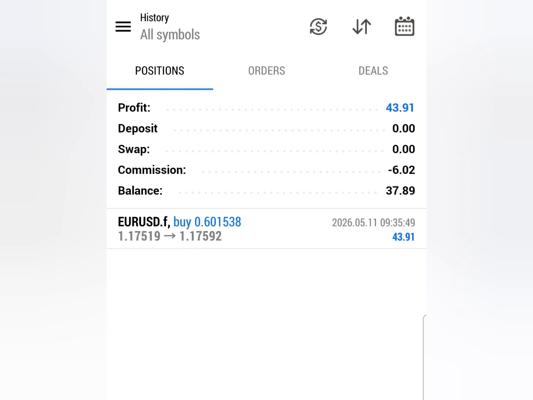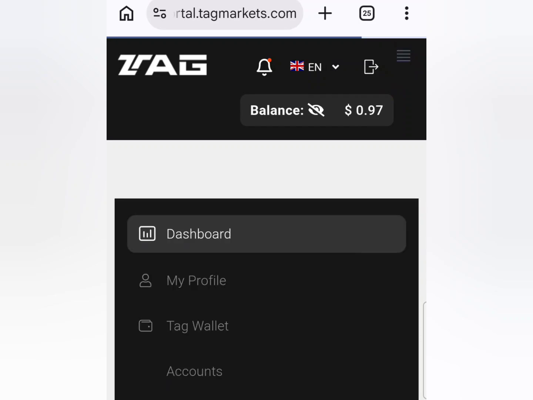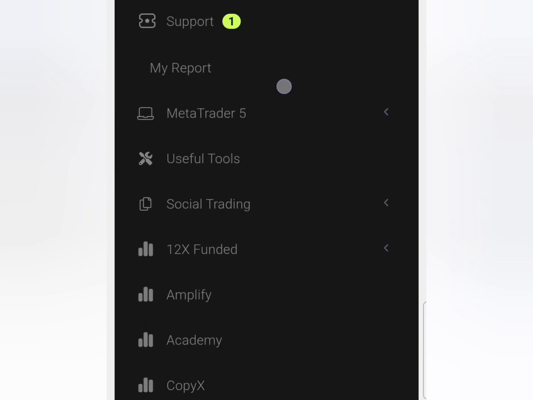Once you connect your accounts, you deposit money into your Tag Markets account, not to the signal or the AI robot provider. You are not sending your money to any third party. Your money remains safe with your broker, Tag Markets. You are not sending your money to any single person.